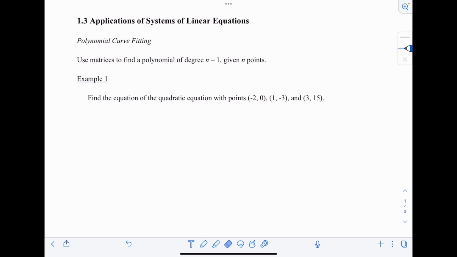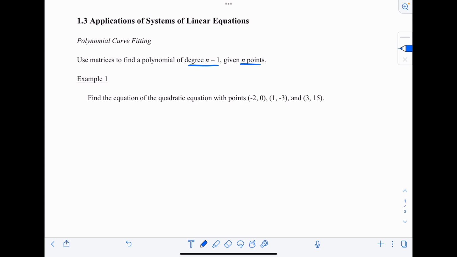One of the caveats here is that the degree of the polynomial has to be one less than the number of points. So if I have 4 points, I can find a polynomial of degree 3, or a cubic function. If I have 7 points, I can find a polynomial of degree 6 and so on. So that's one big caveat we need to have as we approach this.